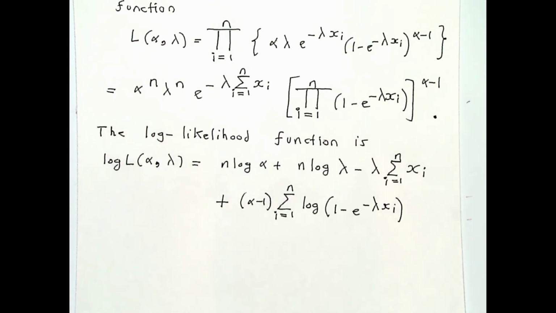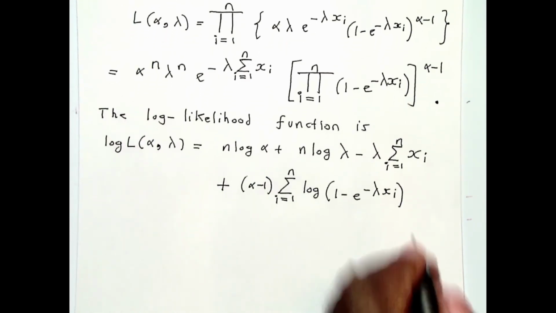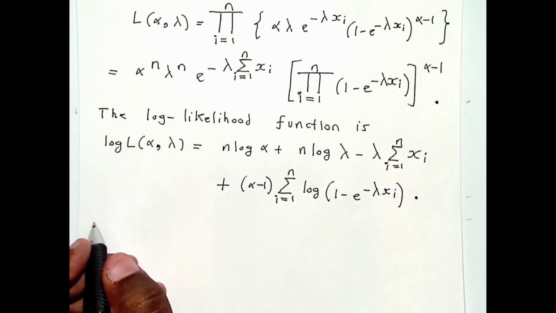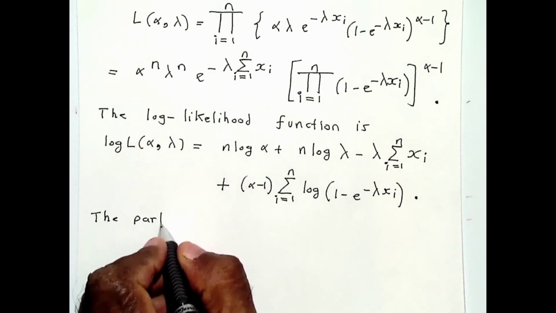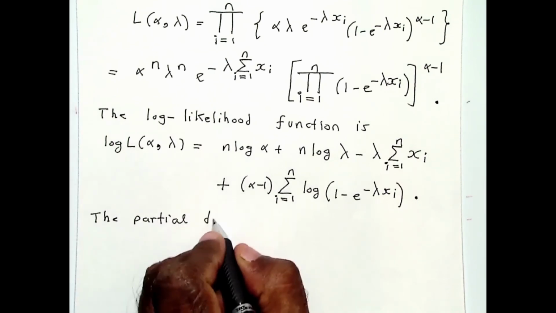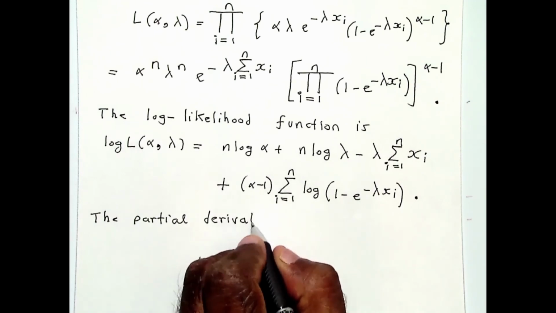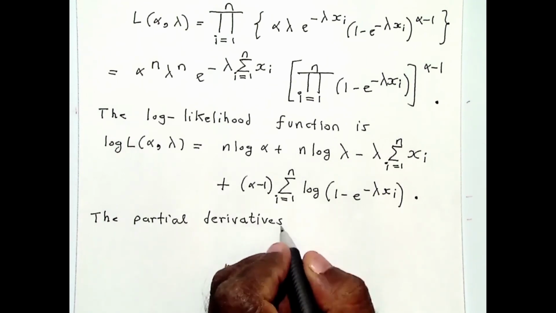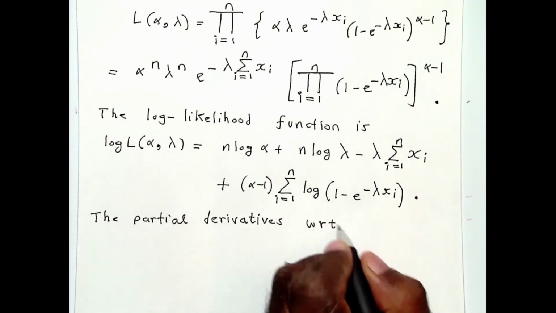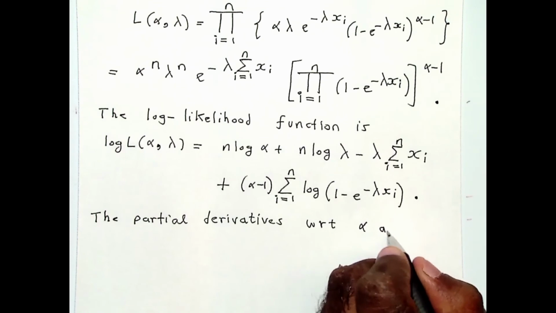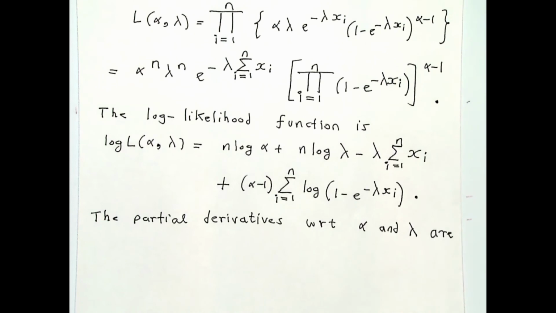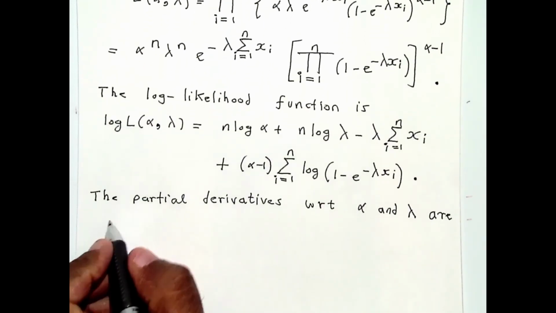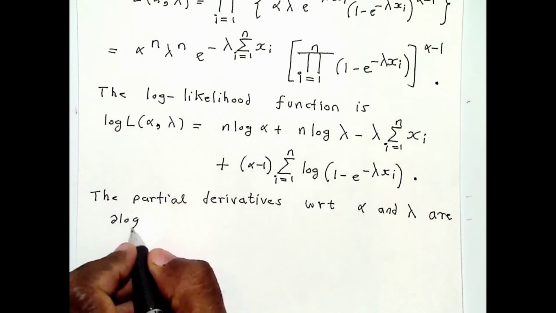The next step is to find the partial derivatives with respect to alpha and lambda. Let's do the differentiation with respect to alpha first.